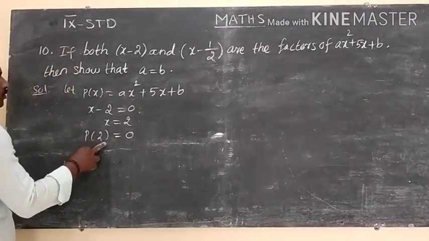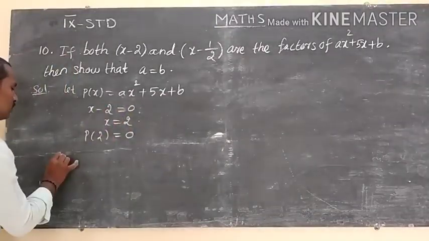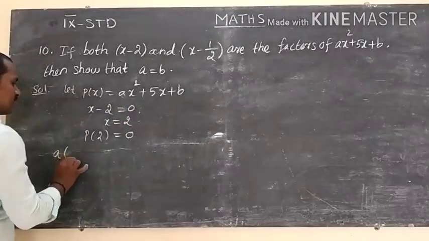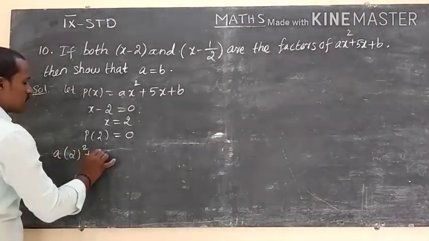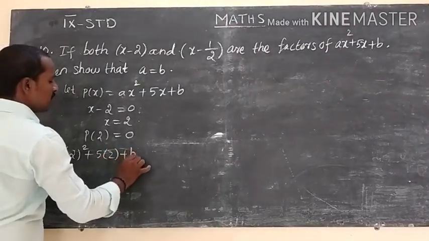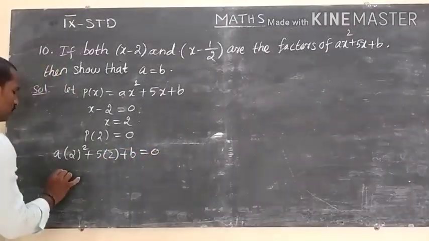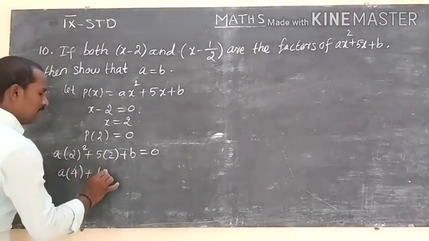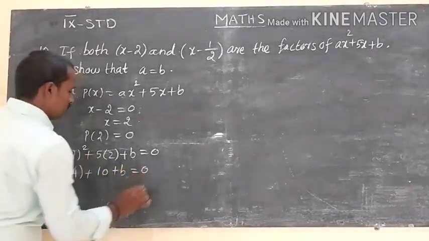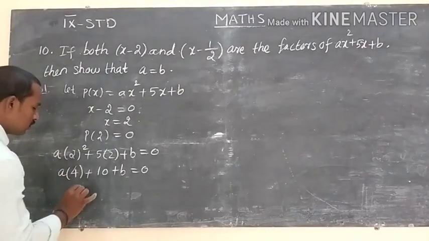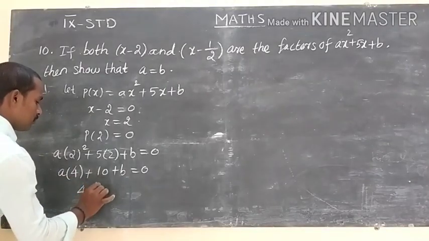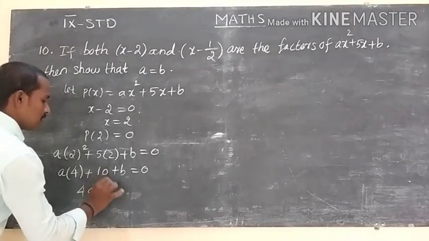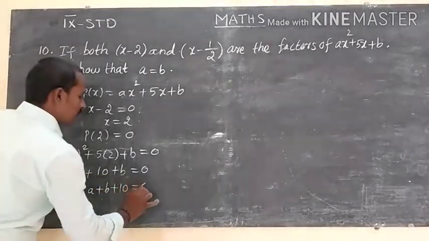For p of 2, replace x with 2: a into 2 square plus 5 into 2 plus b equal to 0. So a into 2 square is 4, plus 5 twos are 10, plus b equal to 0. Then a into 4, so 4a plus b plus 10 equal to 0.